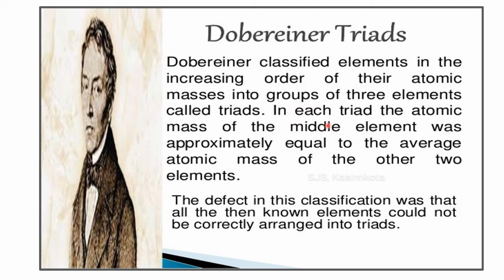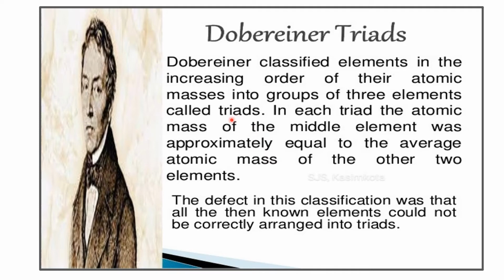And in each triad, the atomic mass of the middle element was approximately equal to the average atomic mass of the other two elements. So what does a Dobereiner triad mean? Dobereiner first arranged all the elements in increasing order of their atomic masses, and then he divided them into groups of three elements known as triads.